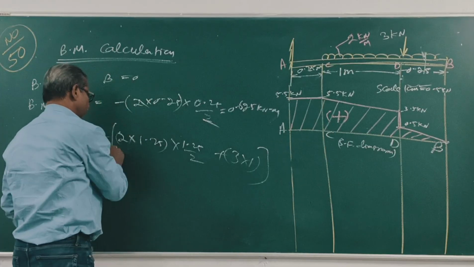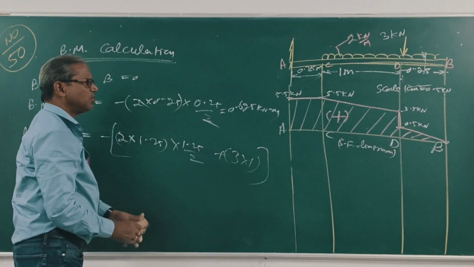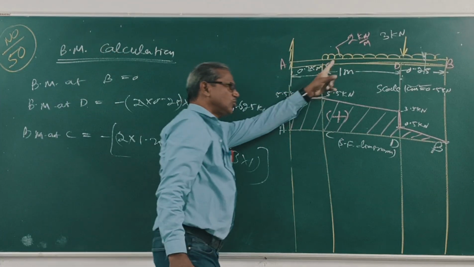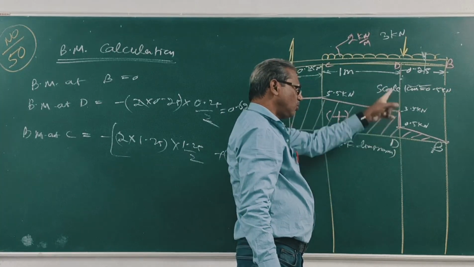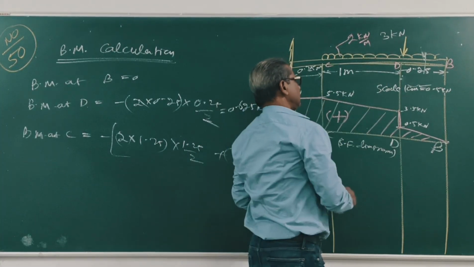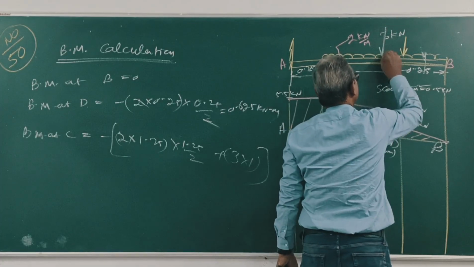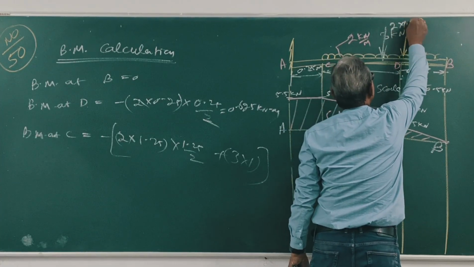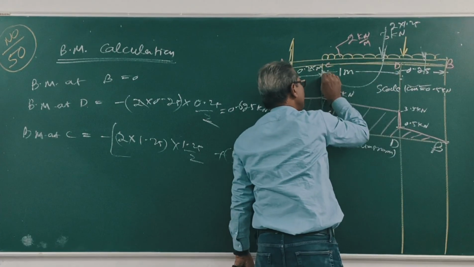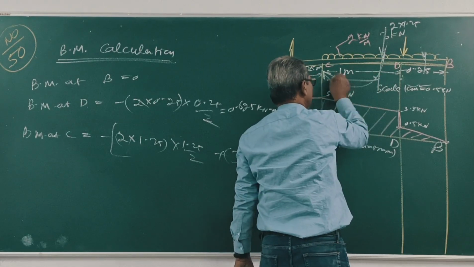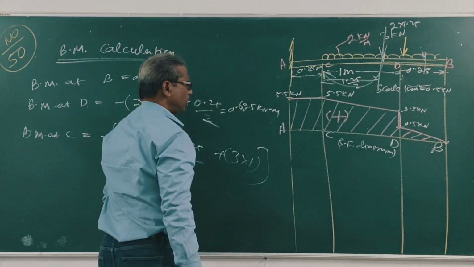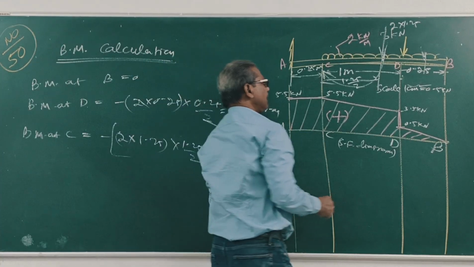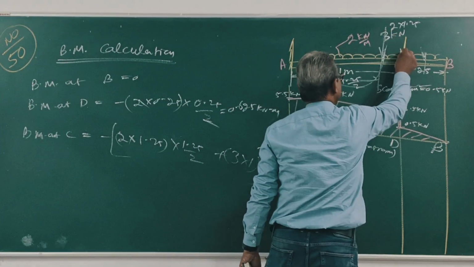All are negative. Clear? 2 into 1.25 is the total load, into 1.25 by 2. Right? Plus 3, 3 into 1.